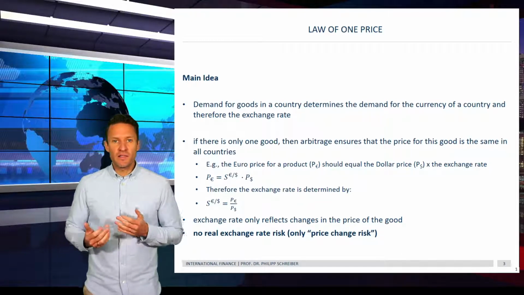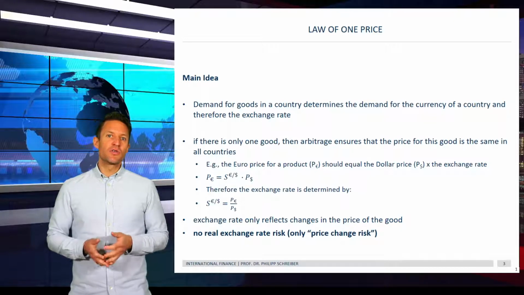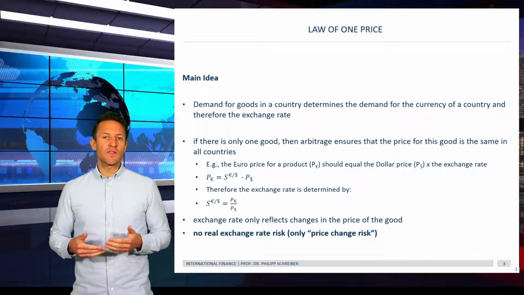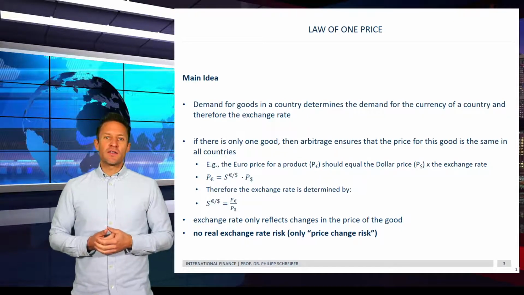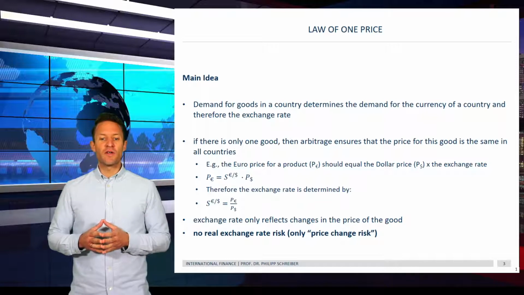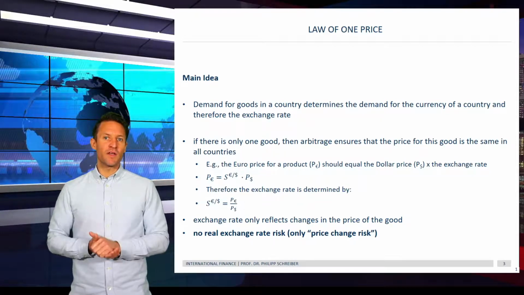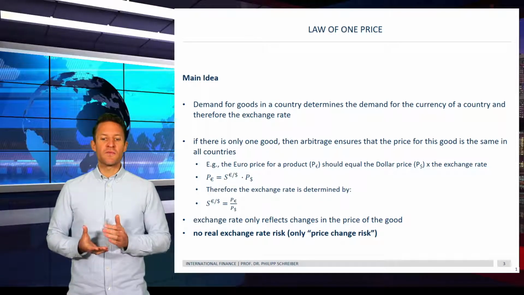So the main idea is simple. Basically, one product that is sold in two different countries should cost exactly the same. And this would mean that demand for goods in one country determines the demand of the currency of a country, and therefore the demand or the price of that currency, the exchange rate.